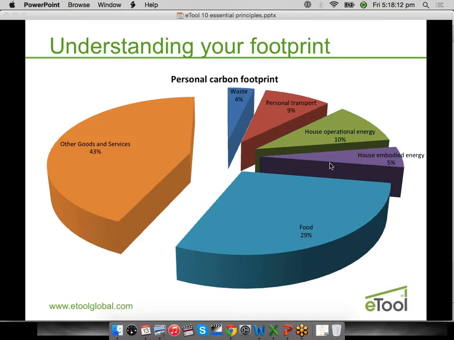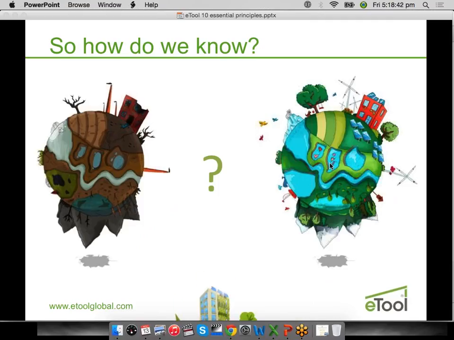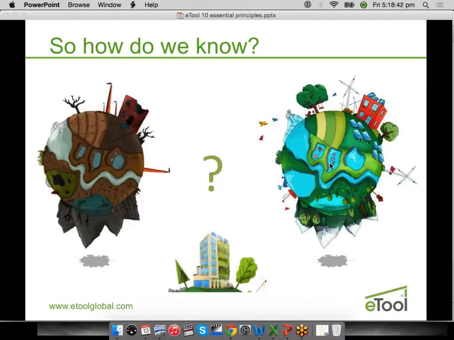The majority of the emissions come from goods and services, food. But the built form has a big impact. If you have goods and services, a lot of built form impacts are associated with the factories, the industry generating the goods and services. So buildings are around 30% of the global emissions, and that's a huge opportunity for us to reduce the buildings' emissions and then help to lower the global emissions.